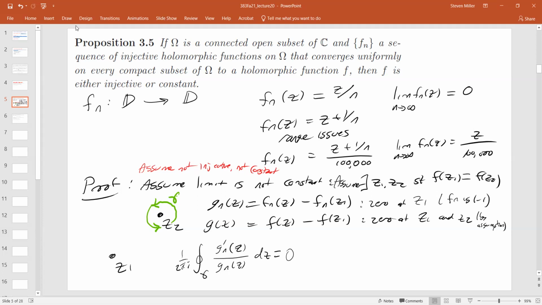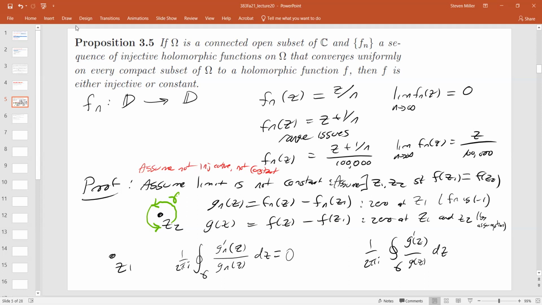So this basically counts the number of zeros and the number of poles inside. And because there are no zeros of Gn, and Gn of Z has no poles, everything's holomorphic, this equals 0. What would the integral of 1 over 2 pi i, integral over gamma of G of Z prime over G of Z dz equal?